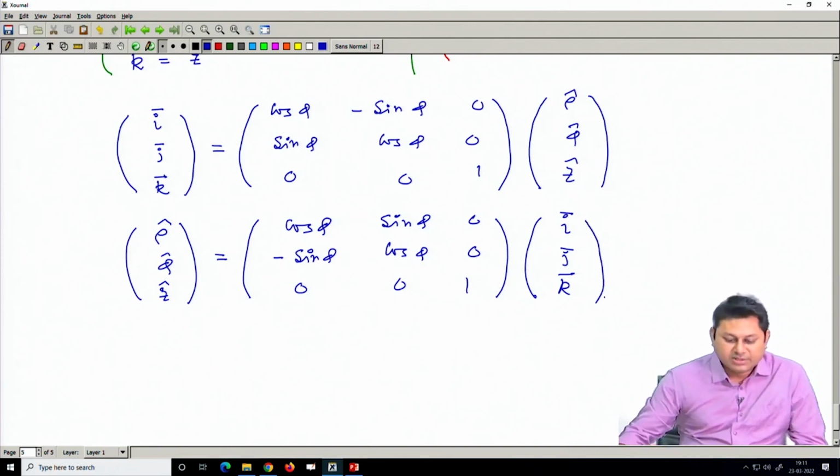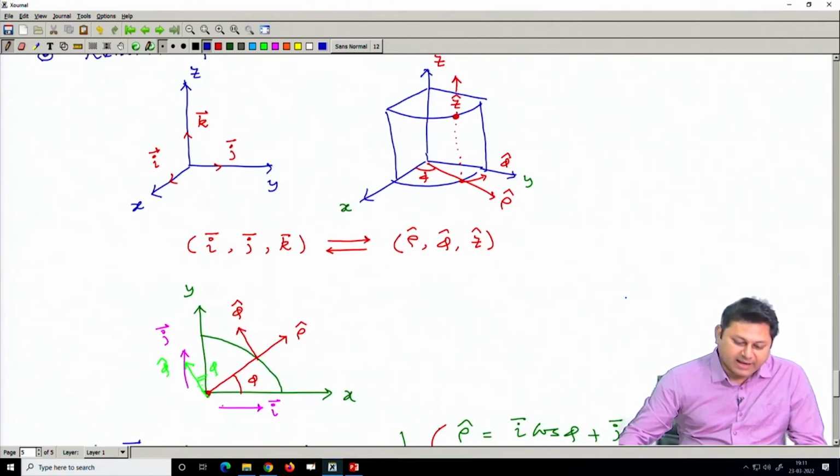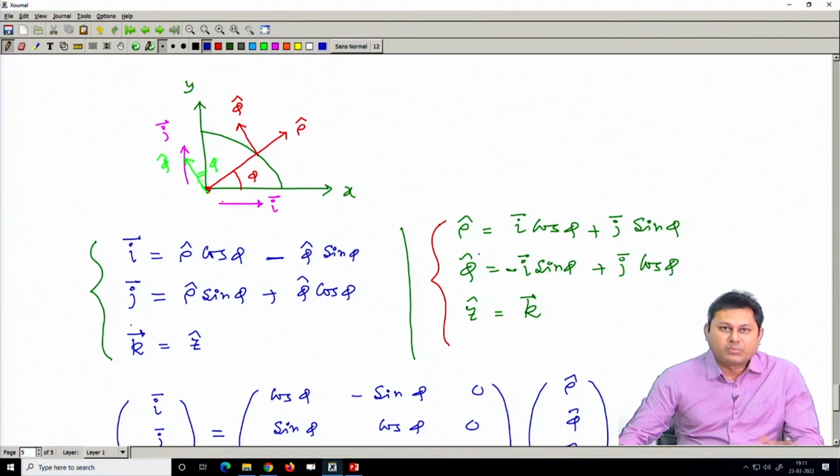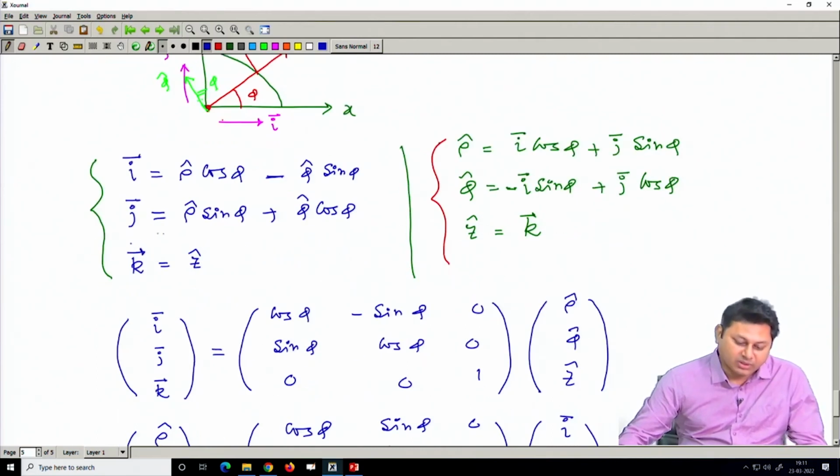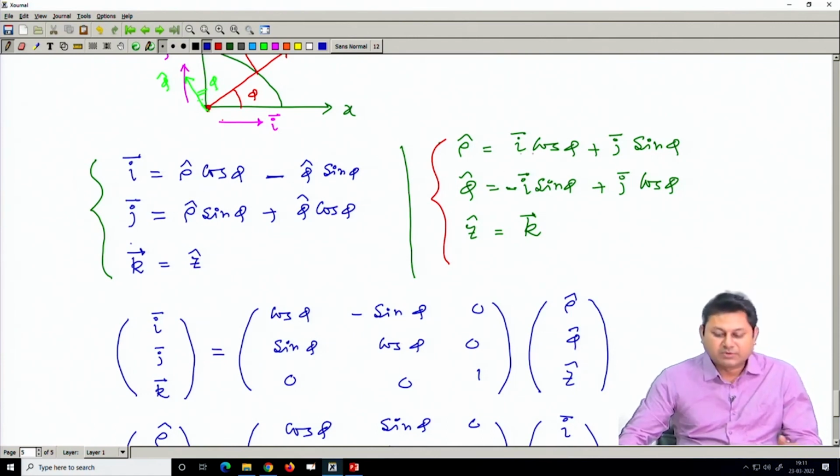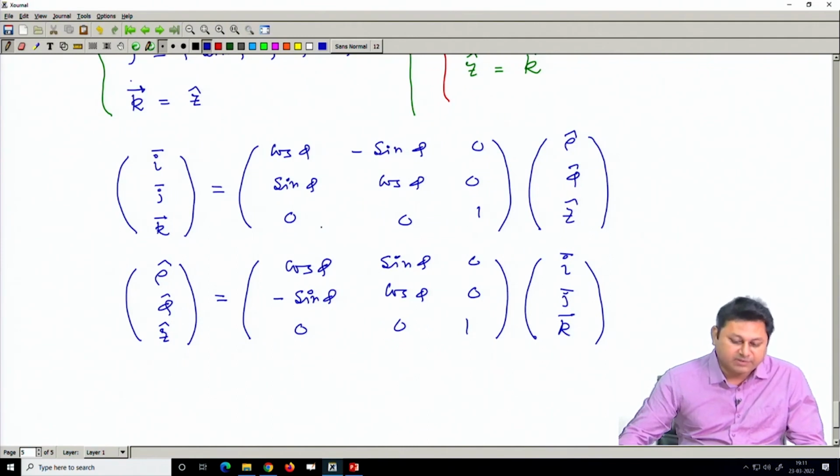These are the two transformations I am talking about. From scratch we understand how ijk and rho phi z are related, and I just decompose these vectors and find that i, j, k can be decomposed in terms of rho phi z in this way, rho phi z can be decomposed in terms of ijk in this way, and then write a matrix form.